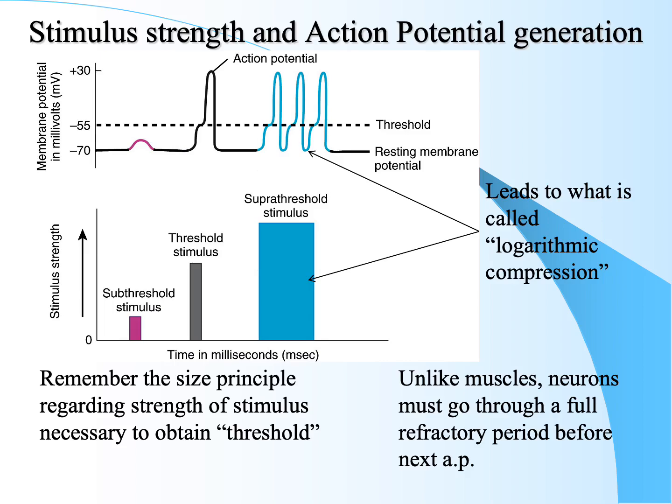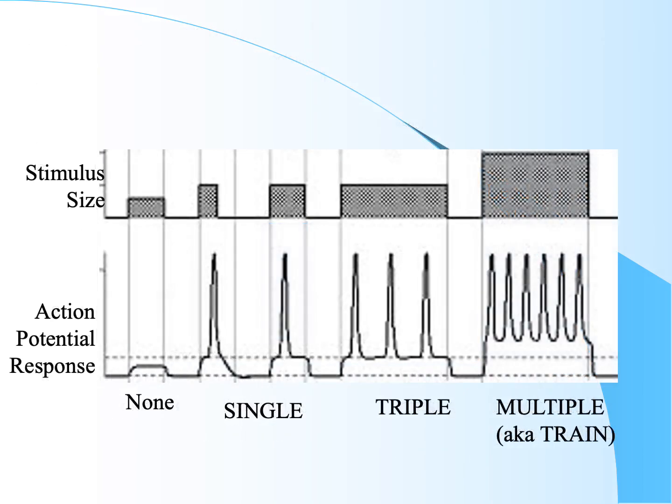And so what ends up happening, as we get more and more stimulus, is we go from having single responses to multiple responses to what's referred to as a train of responses. This train of responses is how most neurons are functioning at all times.